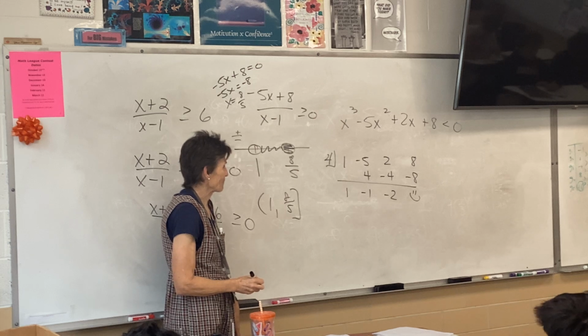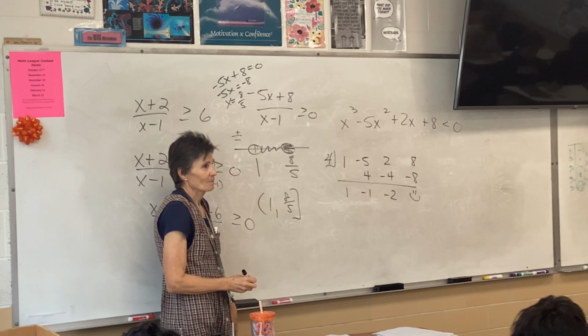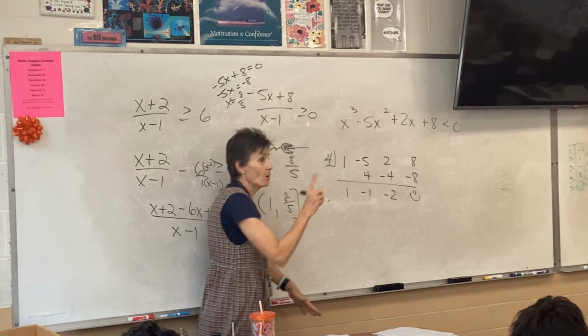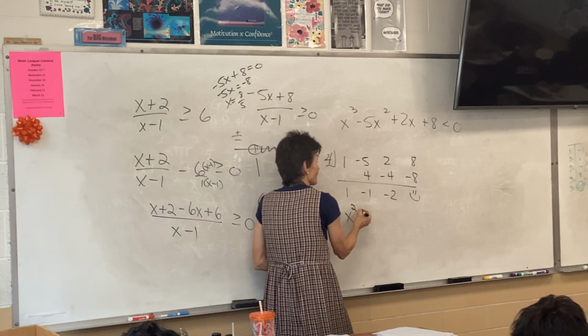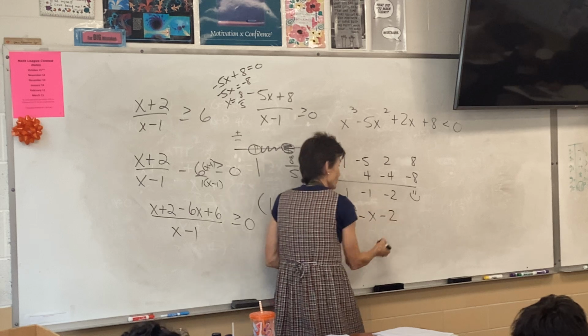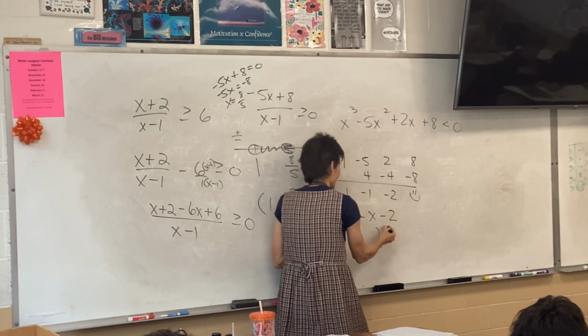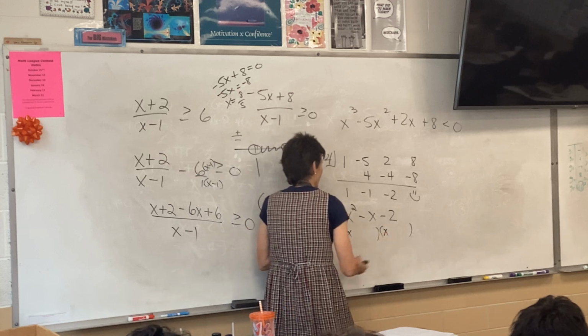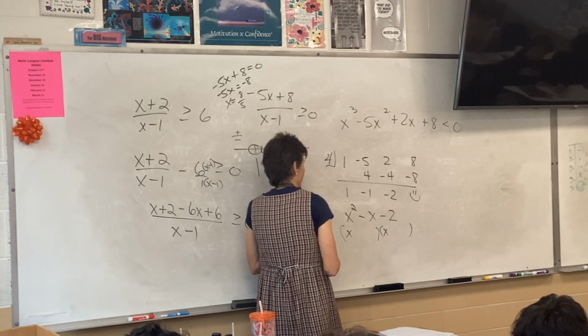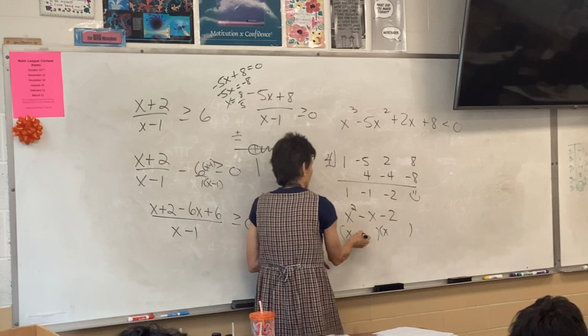I love that stuff happens. It works. Okay, so what's left? X squared minus X minus 2. Yep, and I think that factors. Sure: X minus 2, X plus 1.